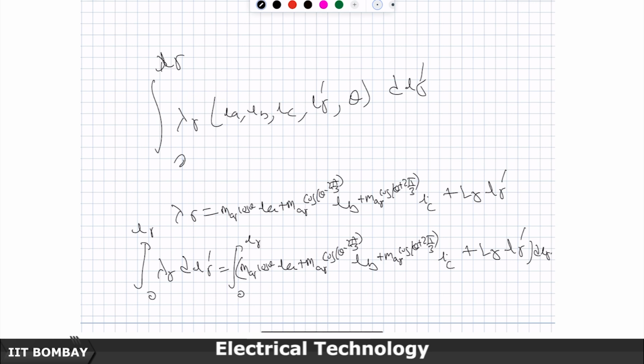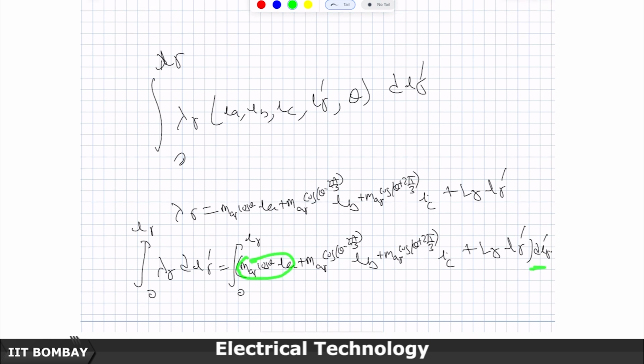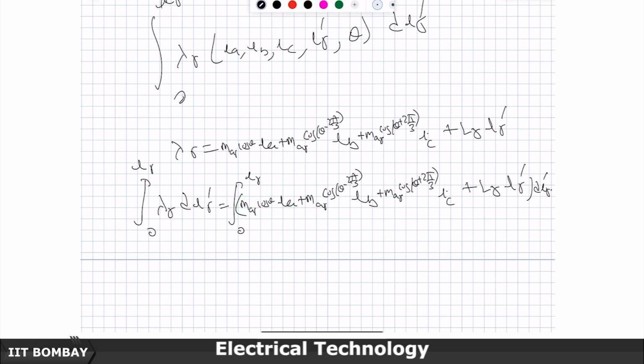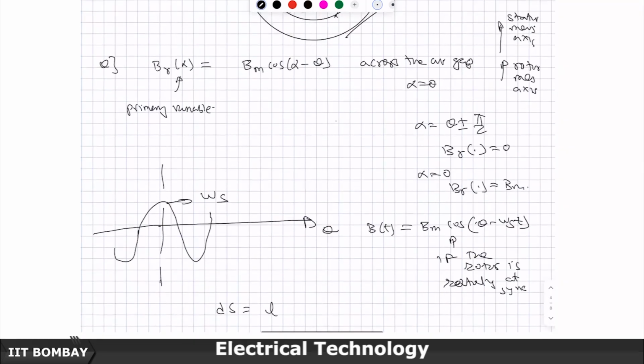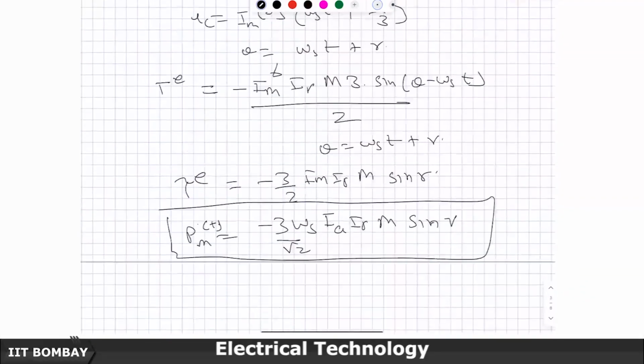With respect to the IR dash variable, MAR IA cos theta is a constant. So the contribution that will come from the first term will be MAR cos theta IA IR. Similarly for the second and third terms. Now you know what I am actually doing.